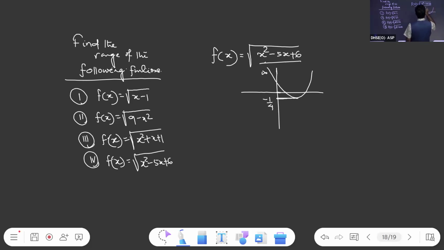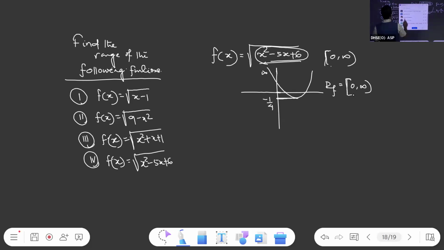The function is defined when the expression gives values from 0 to infinity. Square root of 0 to infinity is 0 to infinity. So the range of the function is 0 to infinity. Did you understand? Hello?